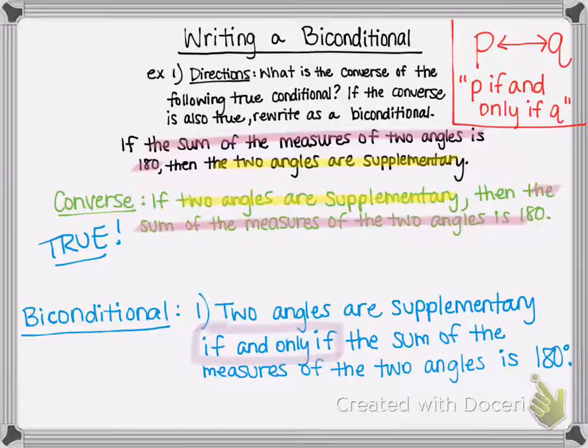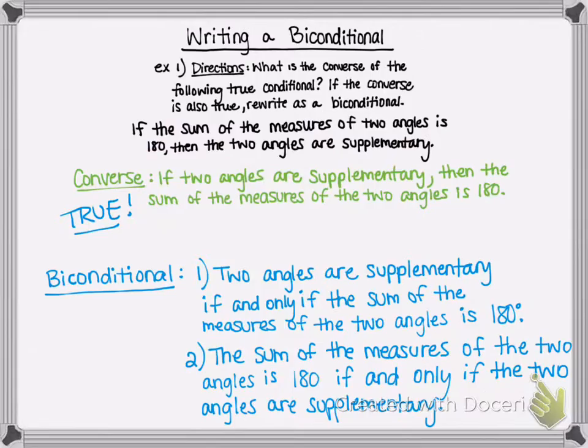Alright, now going back down to biconditional, that's the first way that you can write a biconditional statement. The second way that you can write it is just by switching that hypothesis and the conclusion, but still having "if and only if." So number 2 would be: the sum of the measures of the two angles is 180 if and only if the two angles are supplementary. Now, you don't have to have this word for word.